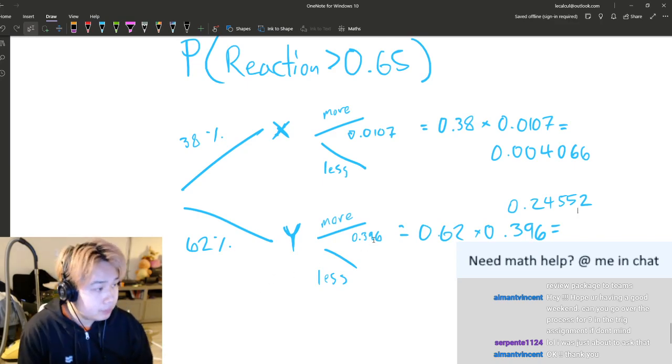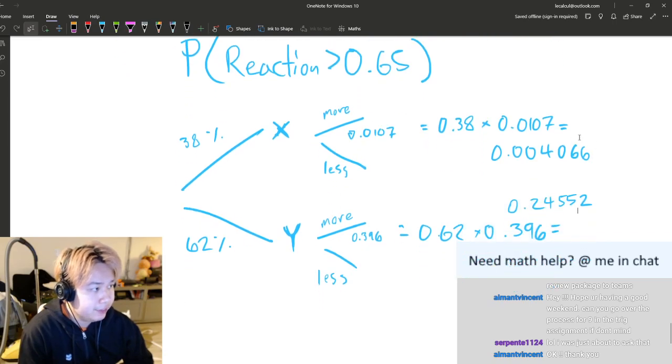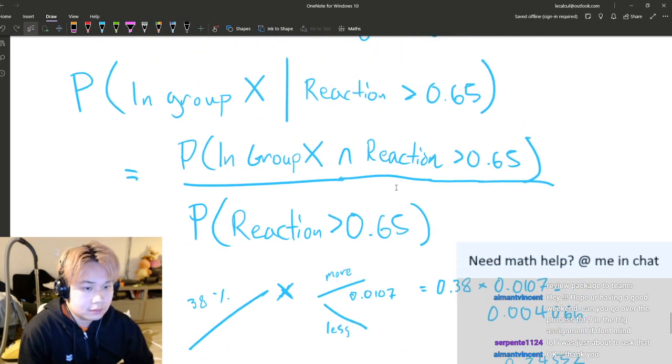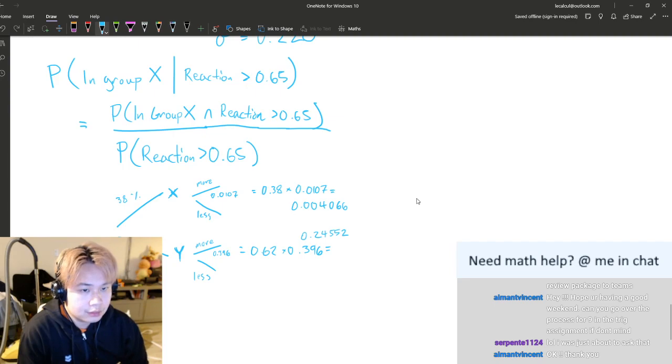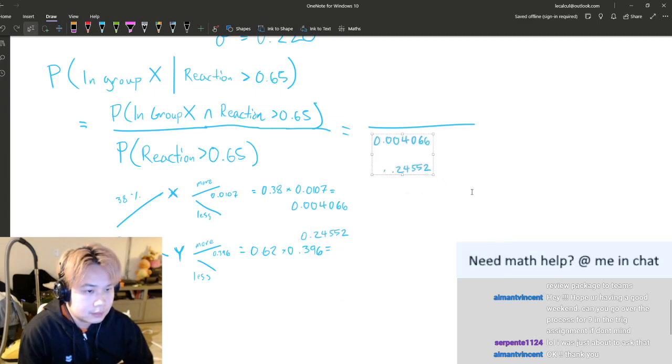Okay, so the probability of your reaction time being slower than 0.65 are these two probabilities added together. So my denominator is just those two added together.